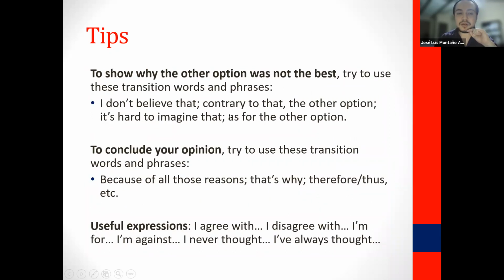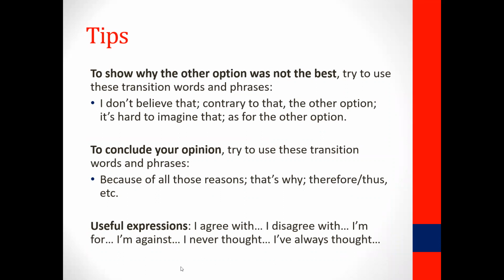And the last one, those 3 actually are going to be for you, Carolina. Let's finish reading everything, please. Okay, teacher. Sorry, teacher, it was to conclude, right? No, actually, it's all the information, all the slide, please. Okay. To show why the other option was not the best, try to use these transition words and phrases. I don't believe that.